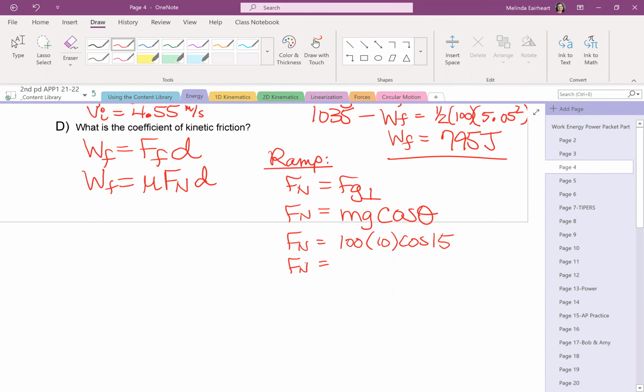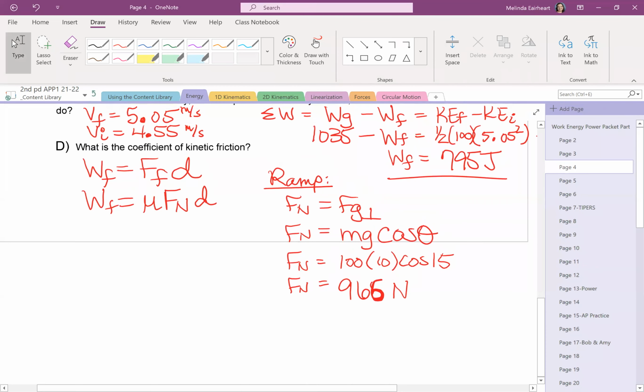What do we get? 966. Okay, so 966 rounded. 0.9 is close enough. And so that's our normal force. Now we can go plug everything in and solve for mu.